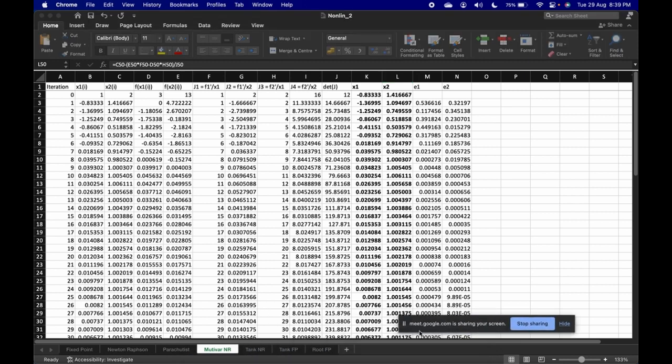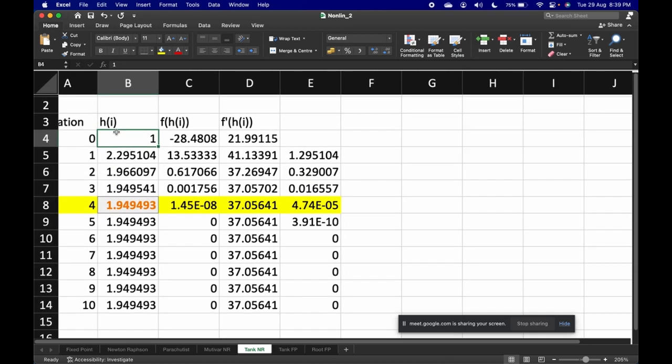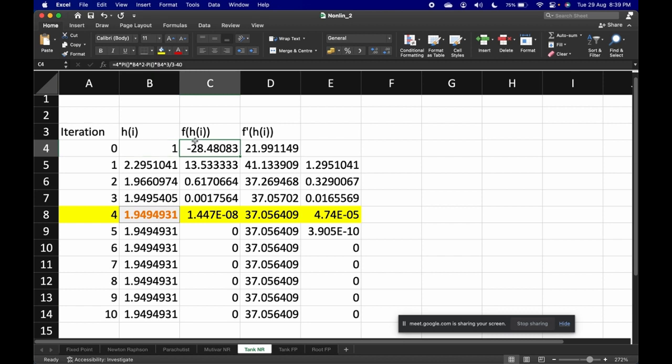If you go to tank, this is by Newton-Raphson, the tank question I am solving. We started with the first solution. Here I had just put the equation. Then for the derivative equation, put the value of 1 here and you got the answer.